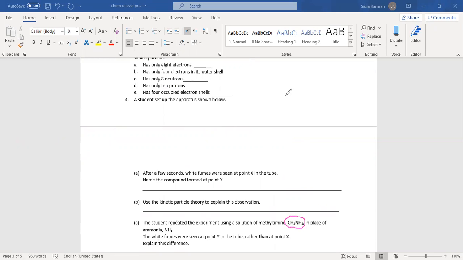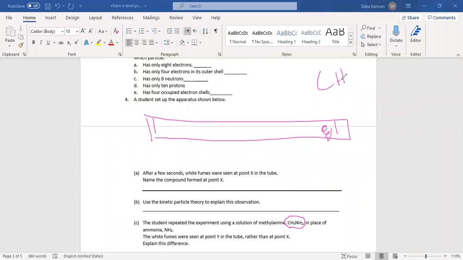Now in that tube you have to replace ammonia with CH3NH2, methylamine.